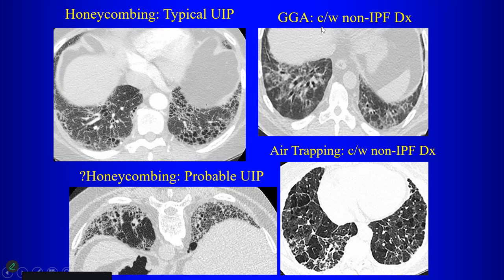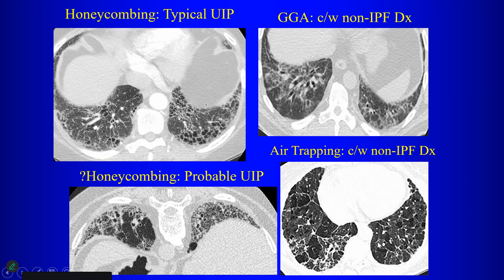So honeycombing, typical of UIP, if we see honeycombing. In this case, you wonder if there's honeycombing, maybe not sure, but we have peripheral coarse reticular opacities, we have traction bronchiectasis, so that's a probable UIP pattern. Here you have predominantly ground glass opacity with traction bronchiectasis. It's not particularly peripheral, so that points you away from idiopathic pulmonary fibrosis. And then here also there's extensive air trapping in this particular case, okay? And if there's extensive air trapping, even though it looks like there are fibrotic changes, you might want to suggest another disease as opposed to IPF.